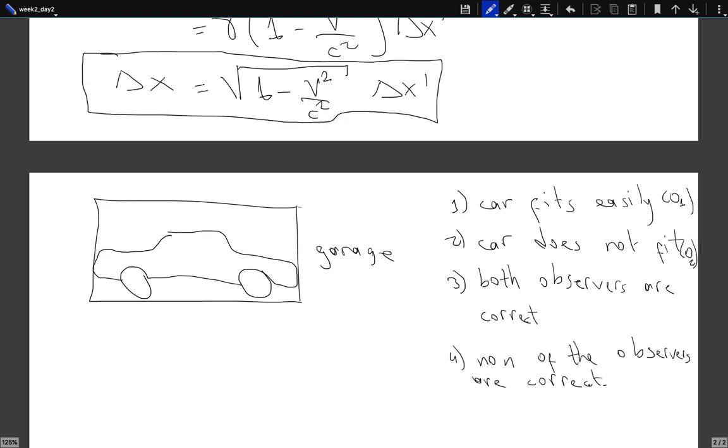So let me rephrase the question if I understood it correctly. He says that let us assume that there is a sensor here and another sensor over here. When the front of the car passes through the end of the garage, that sensor will be lit.